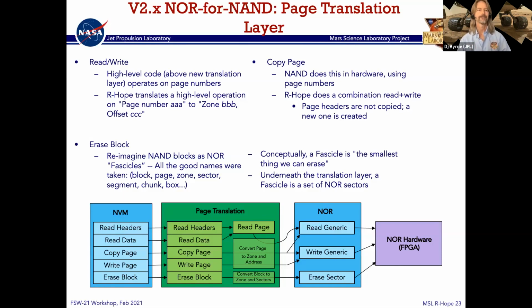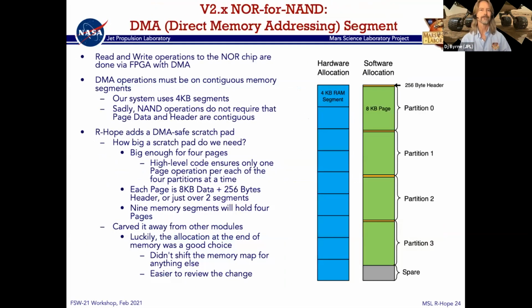Okay, next slide. Very good. When writing and reading to the chips, the software goes through a firmware layer that's using direct memory access, so that the CPU will set up a buffer, a DMA safe buffer area, and then tell the firmware, hey, read this and save it in that page, or read that page and save it in this buffer, which is great as long as those headers are hidden from you.